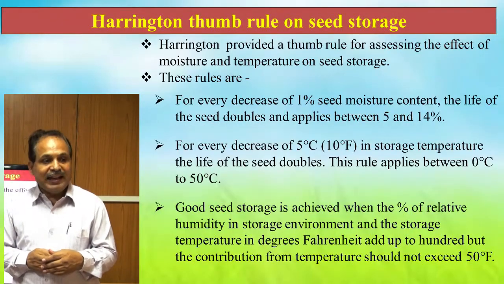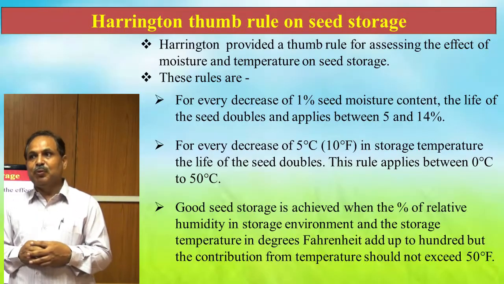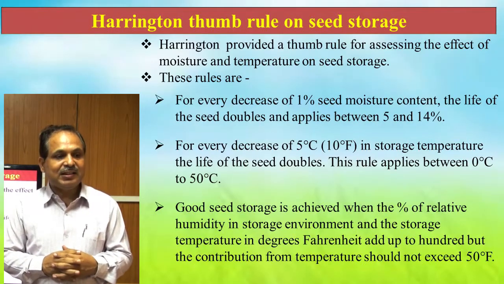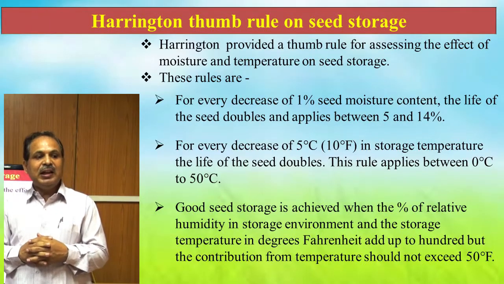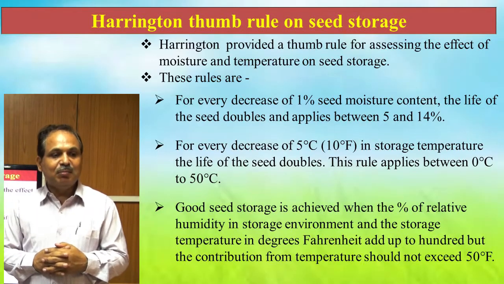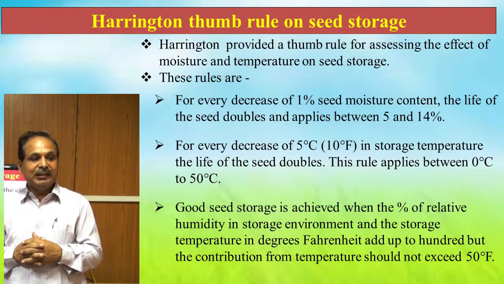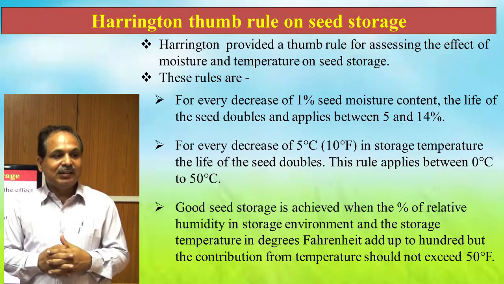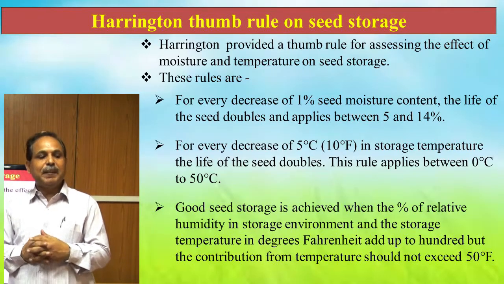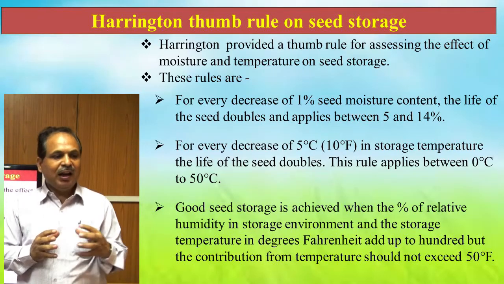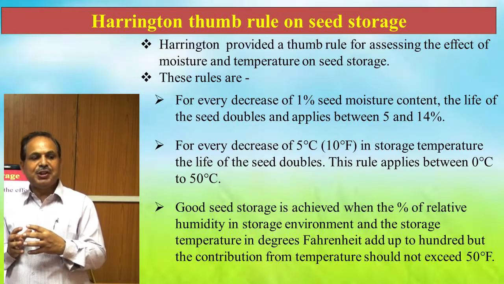So now Harrington, one of the most important pioneer scientists in seed storage, provided the thumb rules of seed storage. These provide the rules for assessing the effect of moisture and temperature on seed storage.